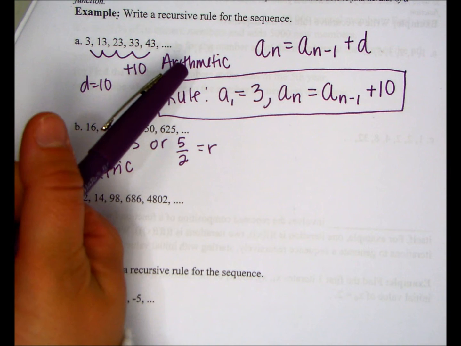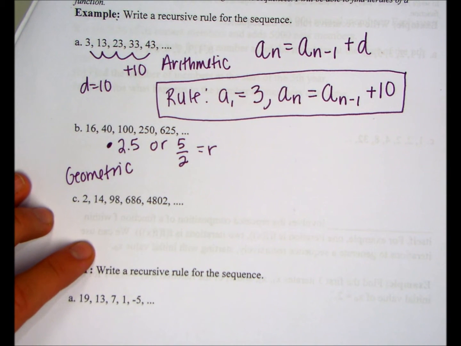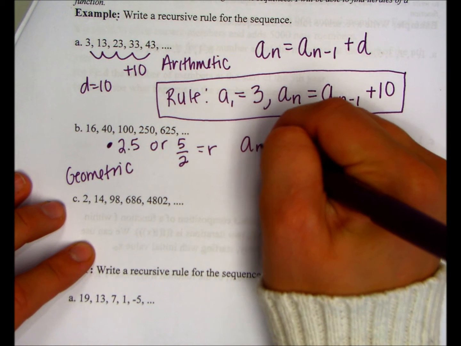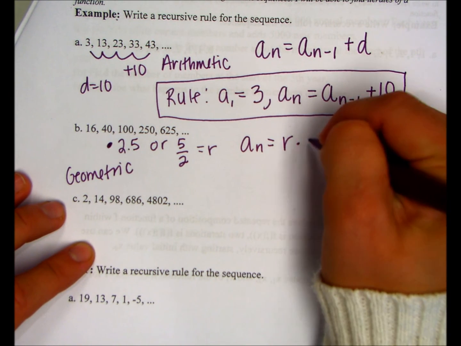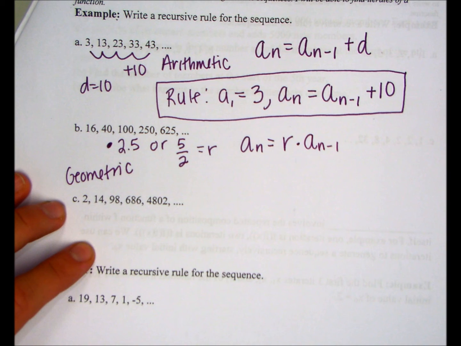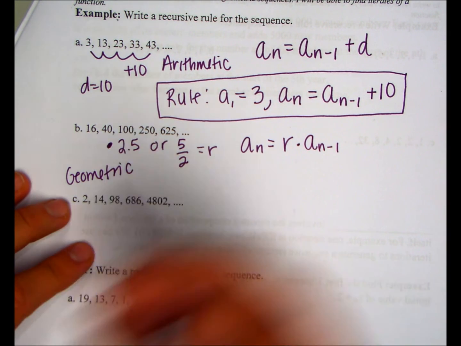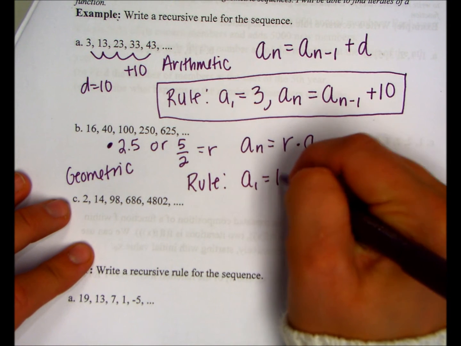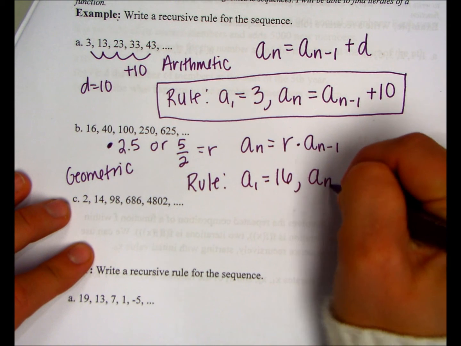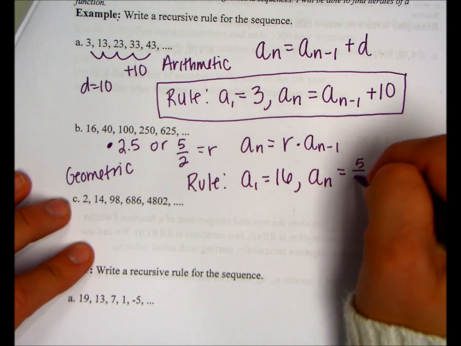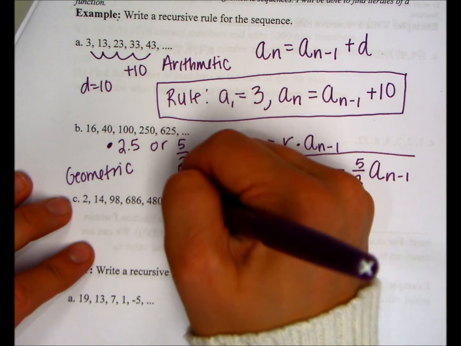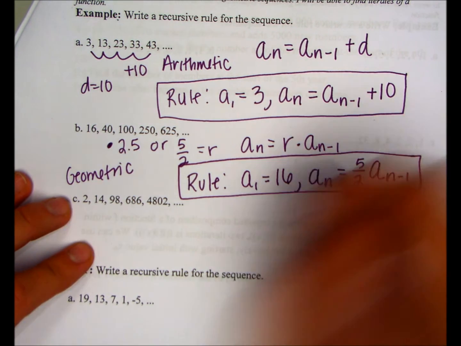If I was adding or subtracting, that would give me my arithmetic. So here I'm using a sub n equals r times a of n minus 1. My r is 5 halves. So when I write my rule, I write my first term, which is 16, and then my rule, a sub n equals 5 halves times a sub n minus 1. I don't mind if you write 2.5 in here.